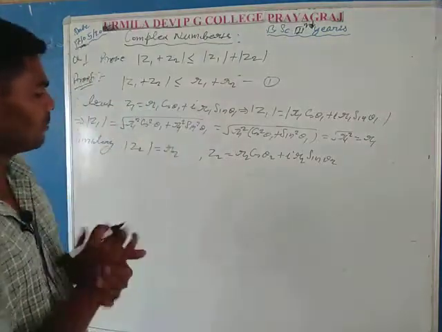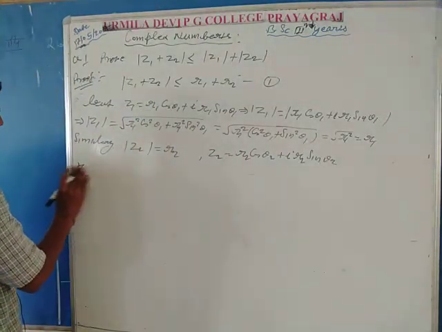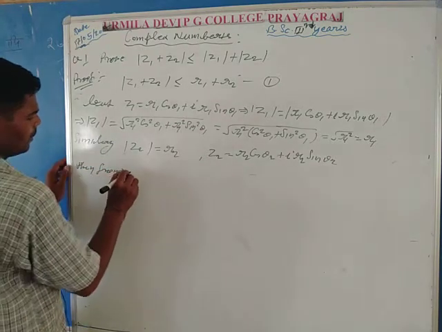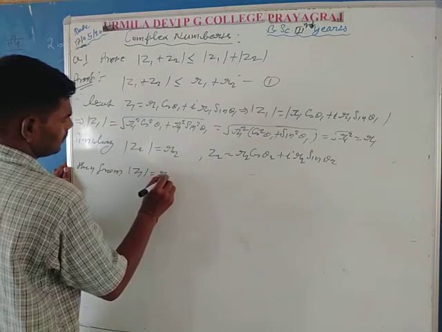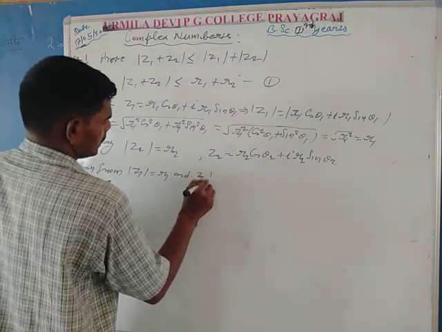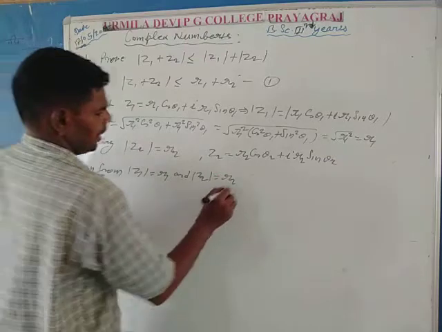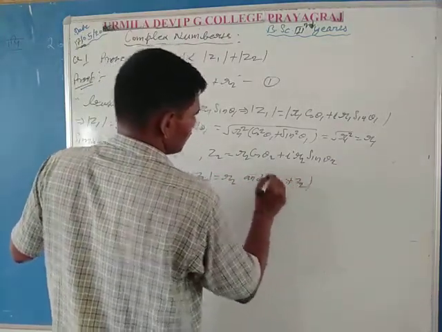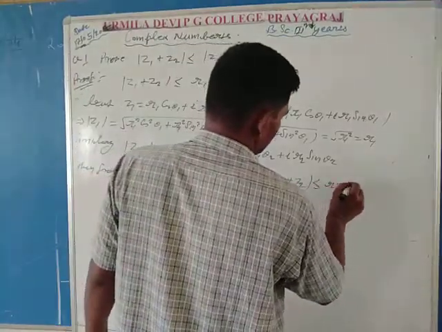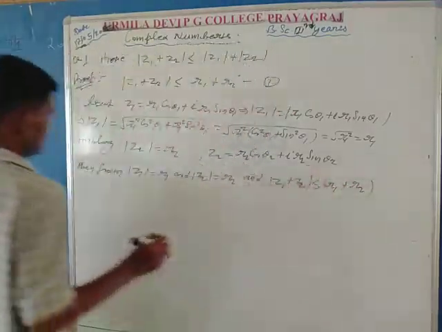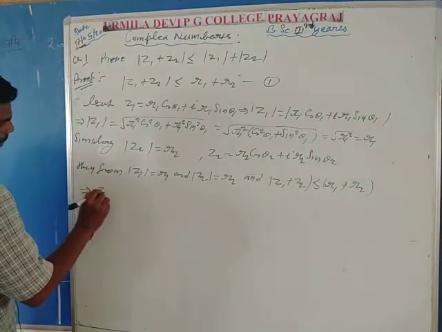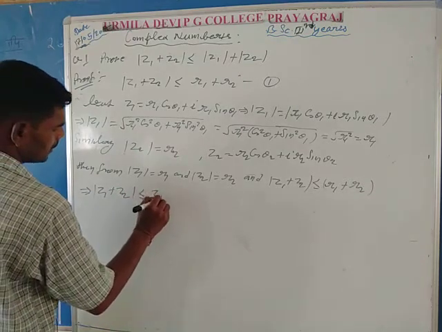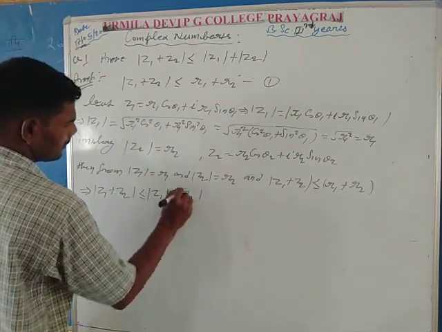Putting these values, mod of z1 equal to r1 and mod of z2 equal to r2, in the first inequality, mod of z1 plus z2 is less than or equal to r1 plus r2, it is clear that mod of z1 plus z2 is less than or equal to mod of z1 plus mod of z2.